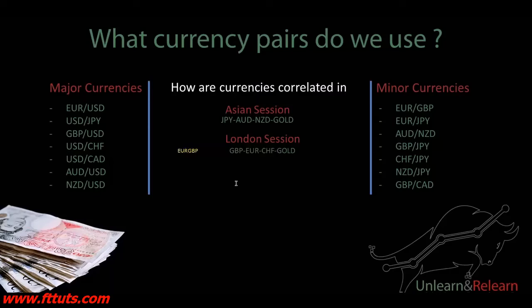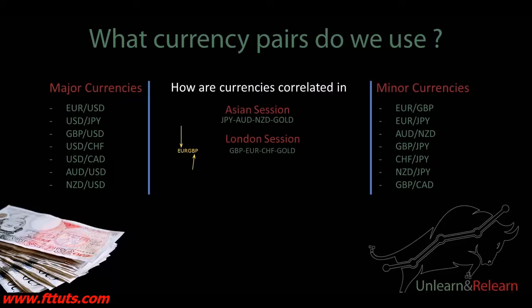When Steven is going to trade Euro GBP, he has to make sure that for a profitable trade, he wants one currency to be really weak and one to be really, really strong. That's the only way you're going to know that the pair is going to move. But if both currencies are strong, then there's a very high chance there's going to be some sort of consolidation, and it's going to get really hard to trade.